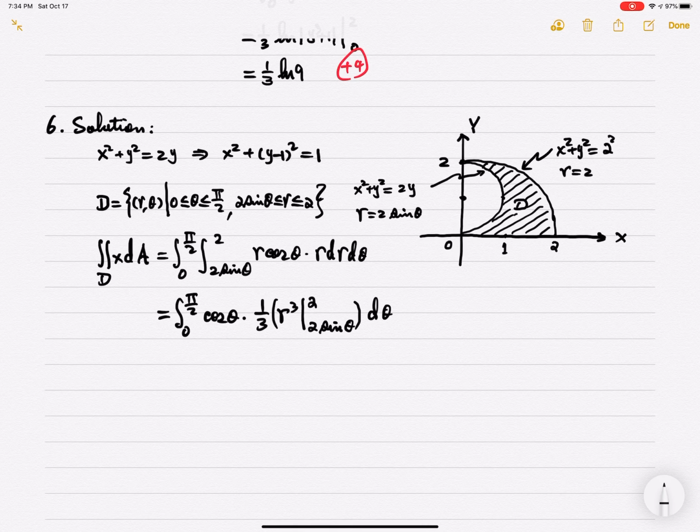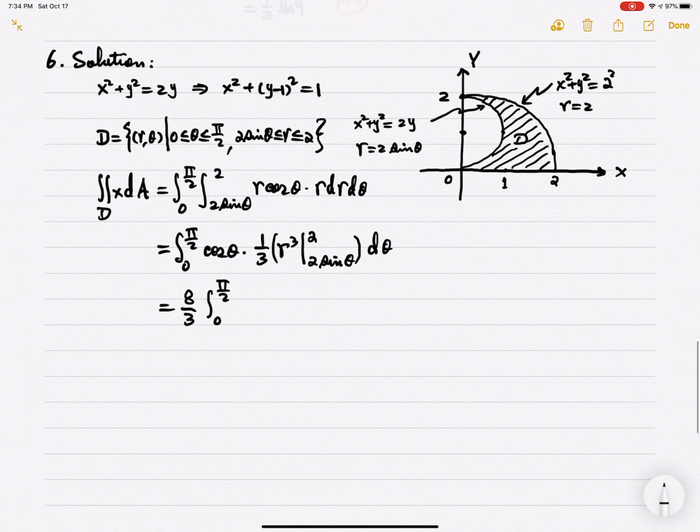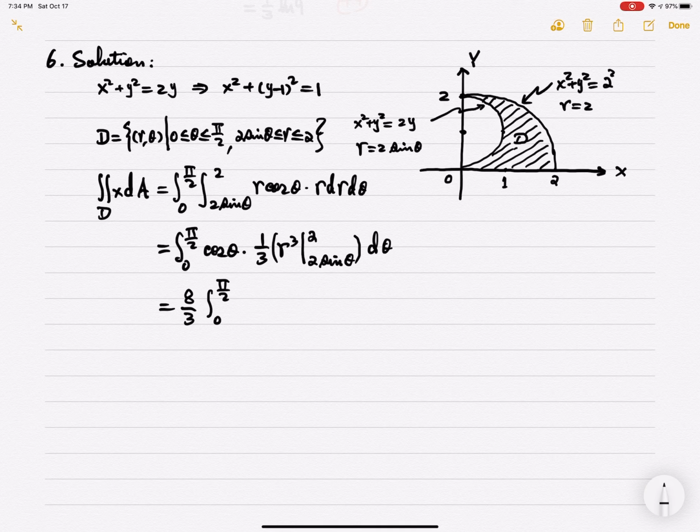When you plug in, 2 to the third is 8. Both terms have 8, so 8/3 moves out, with the integral from 0 to pi over 2. The first term, you already pulled out 1/3, so that's 1 times cosine theta, which is cosine theta.